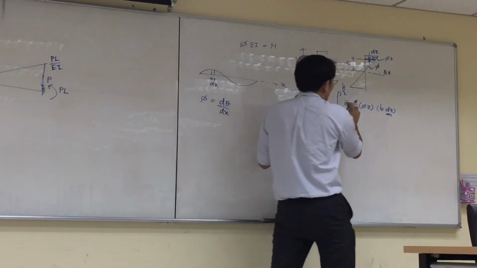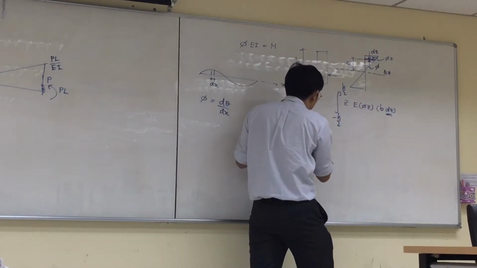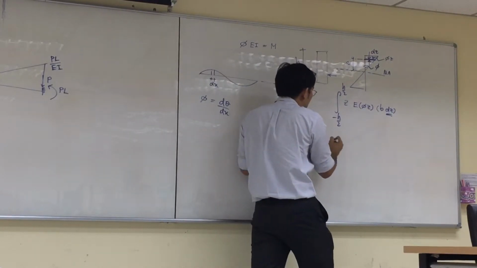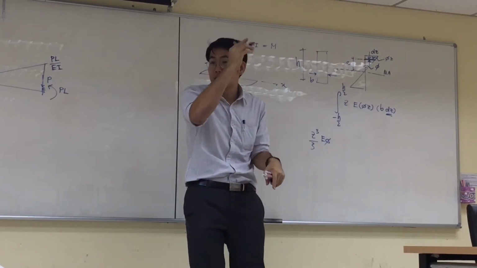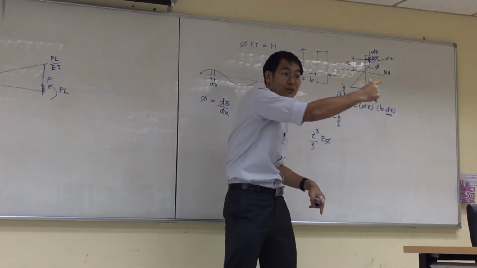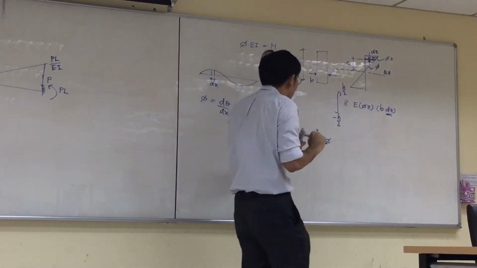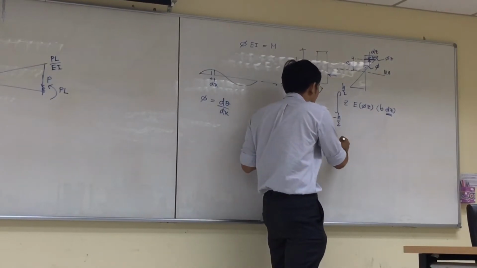So we have C times C, we have C squared, you integrate, you get C cubed over 3. You have the E, you have the curvature. Curvature doesn't change with respect to C. Curvature is changing with X. In the beam, your curvature is changing along the x-axis. What else? C is there, B is there.